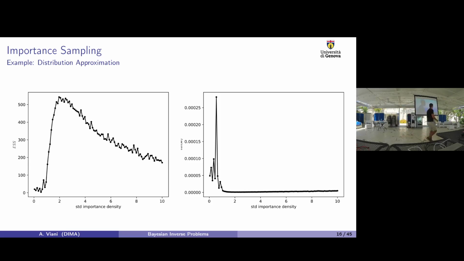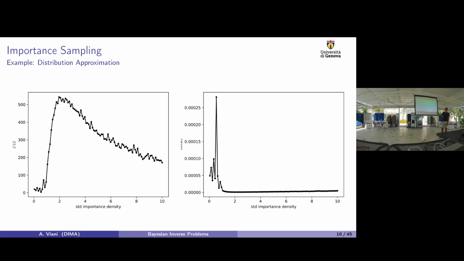And here we see the same plot with the standard deviation for the importance density, and here the variance of the weights. Maybe it should be in a log plot to look better, but we have a peak where we are using a good choice for the standard deviation, and then we see that the variance of the weights increases when the standard deviation becomes bigger.